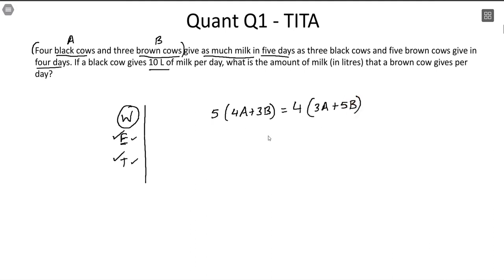This should enable you to reach a ratio for A and B, and then once you have value of A given to you, so we get 20A plus 15B equals 12A plus 20B, so 8A equals 5B. So A by B is equal to 5 by 8. A here was efficiency of a black cow, which is given to me as 10 liters per day. So B will be 16. Answer to this question will be 16.